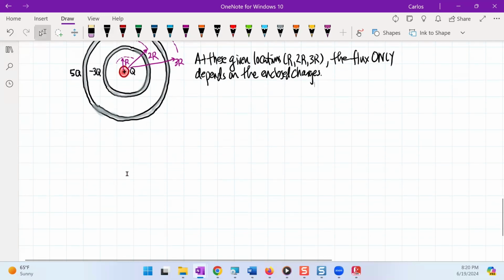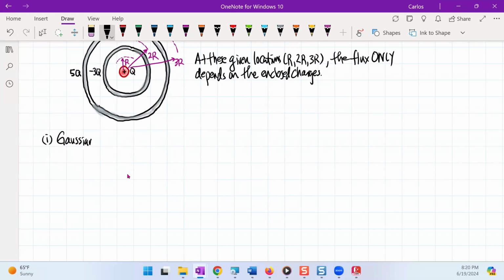So the first case I want to look at is the Gaussian at R. When I look at the Gaussian here, all I'm doing is enclosing a positive charge. For the sake of simplicity, I'm going to say that the charge of this guy here is going to be plus E. So if I put my imaginary surface right in here, I know what the flux has to be.